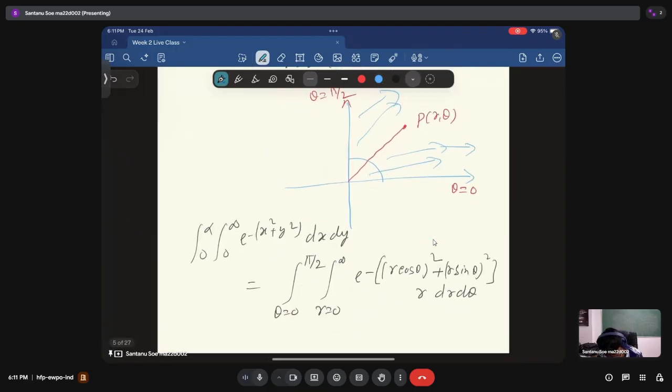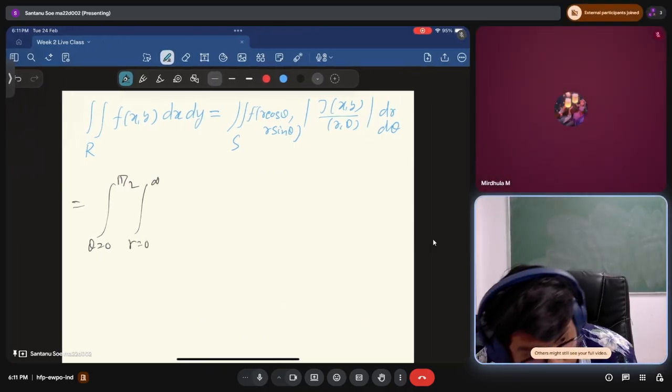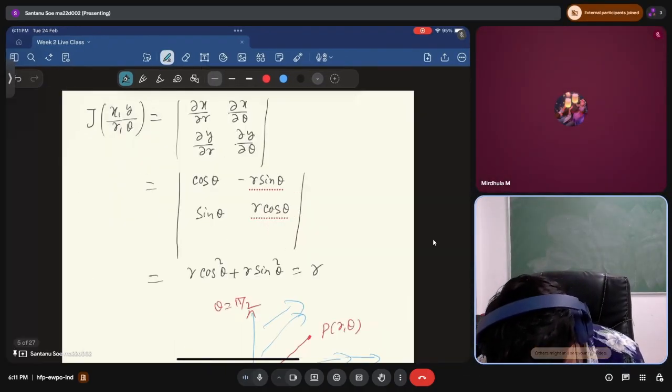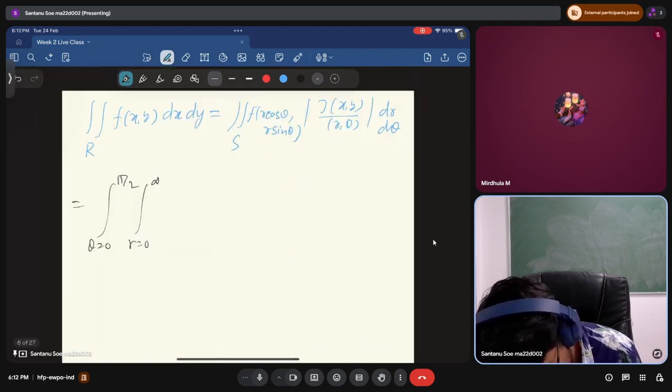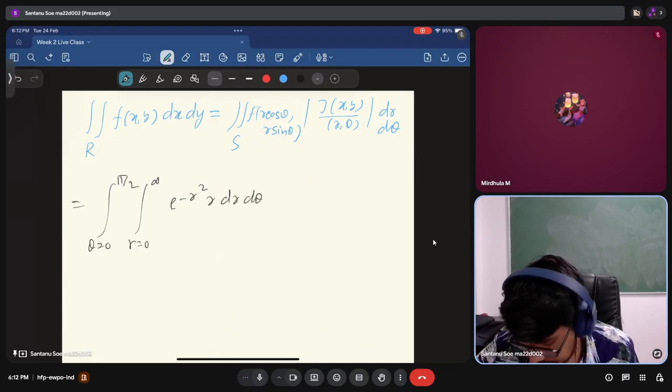So that means our integration is nothing but theta equals 0 to pi by 2, r equals 0 to infinity, e to the power minus of r square, r dr d theta.